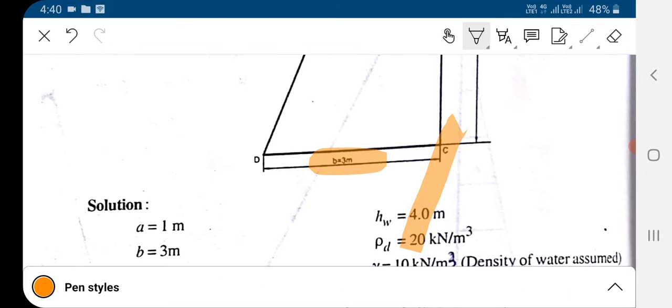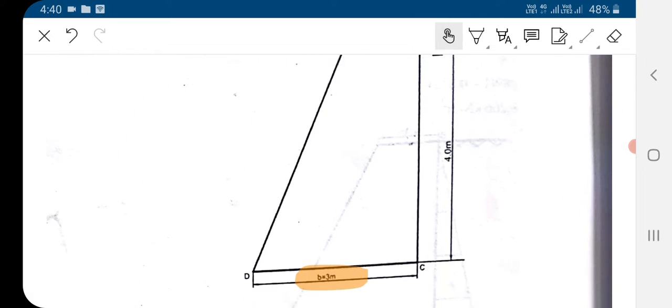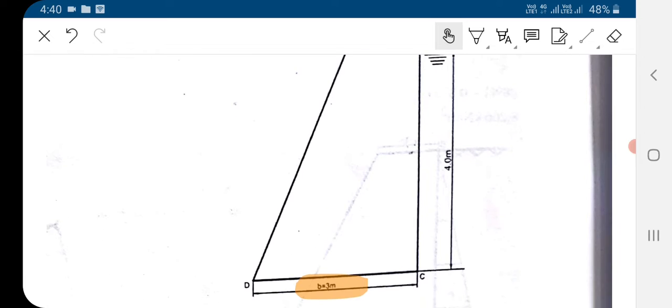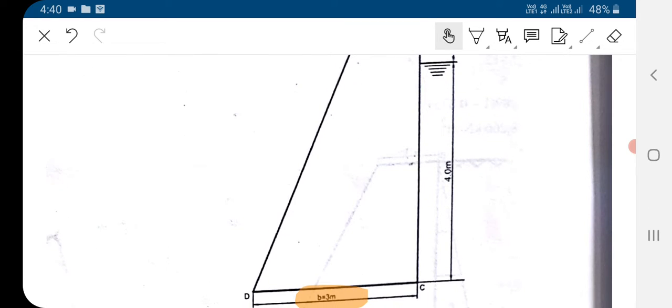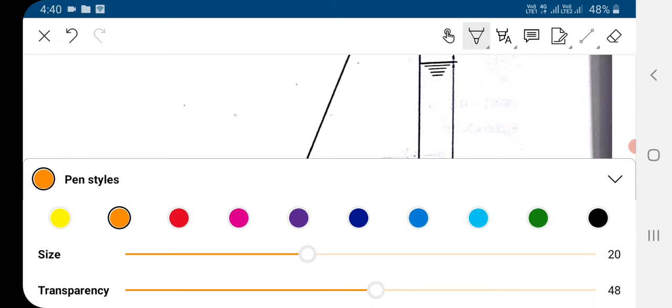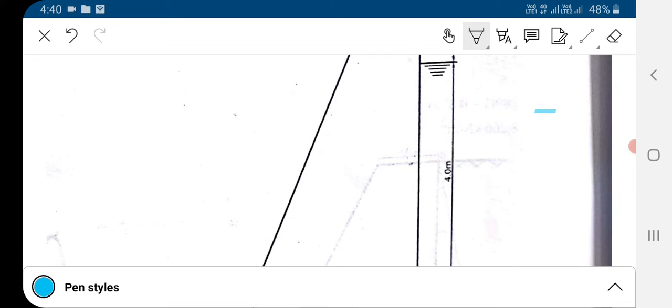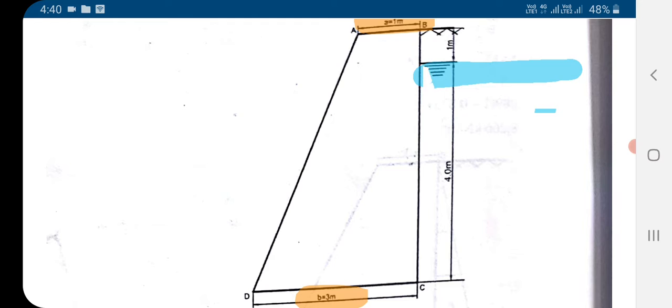Now third, the total height of the dam. In this dam, the water is retained up to this height only. So up to this height from the base, the water is retained.